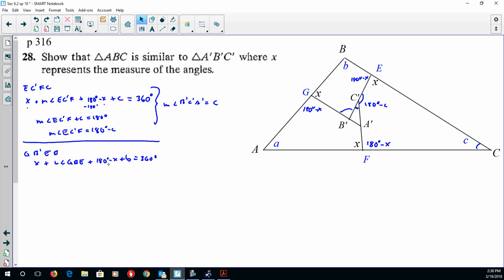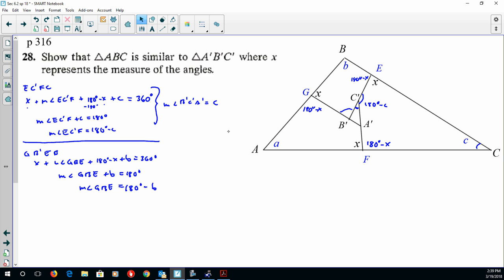The measure of angle GBE plus this thing here is 180 degrees. So the measure of angle GBE is 180 degrees minus B. Okay, so that's this thing right here.